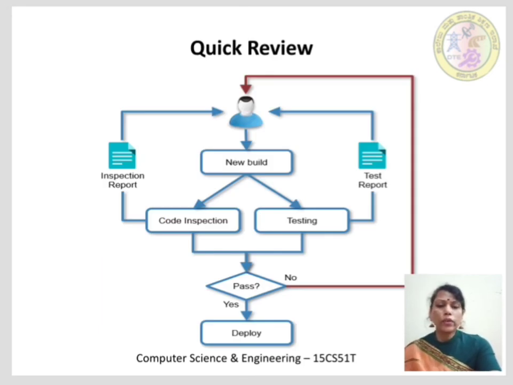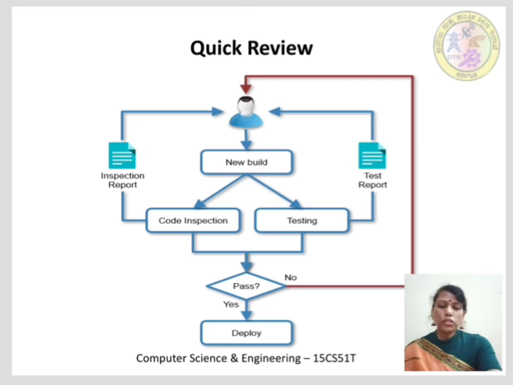Let's have a quick review on code inspection as well as testing. When a new project is built, it has to be inspected or tested to detect defects and to take necessary action to remove these identified defects. In order to get a defect free software product, code inspection and testing are carried out.